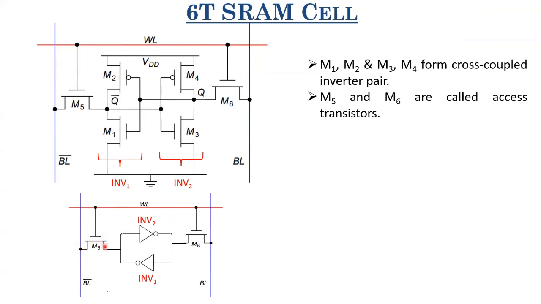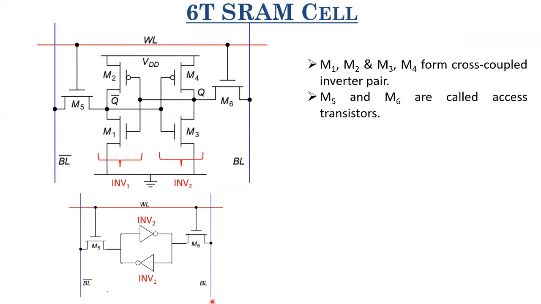This is your access transistor M5, and the output of inverter 1 is connected to it here like this. The input is coming from M6 here, right? Similarly, if you look at M6, the output of inverter 2 is connected to M6 here, and the input of inverter 2 is actually coming from M5 like this.